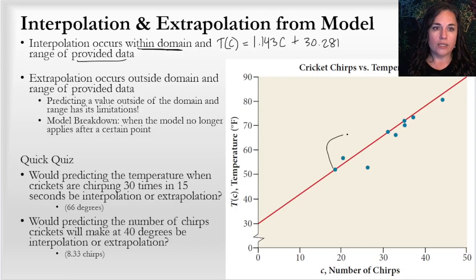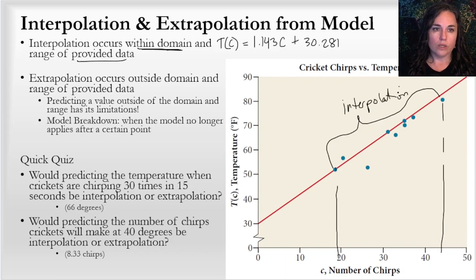So any temperature from whatever this is to whatever this is going to be interpolation. Extrapolation occurs outside the domain and range of the original data. Okay, so out here is going to be extrapolation, and out here is going to be extrapolation.